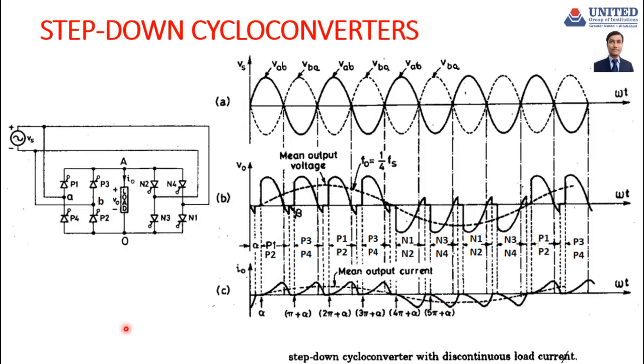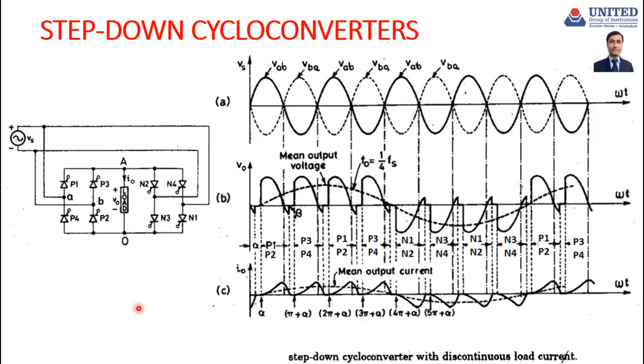Now let us see the step down cycloconverter for bridge type configuration. Here we see that this circuit diagram is the bridge type configuration, where a total of 8 SCRs are used, 4 for the positive converter and another 4 for the negative converter.